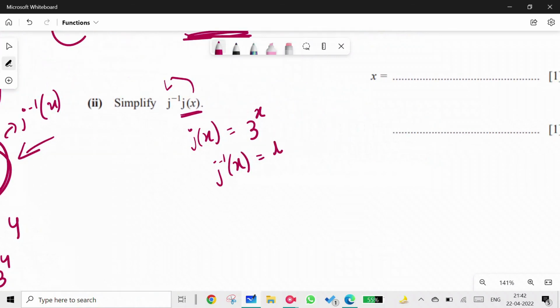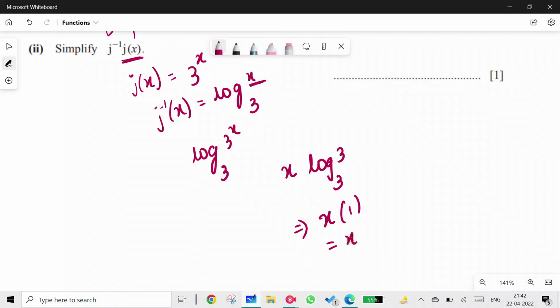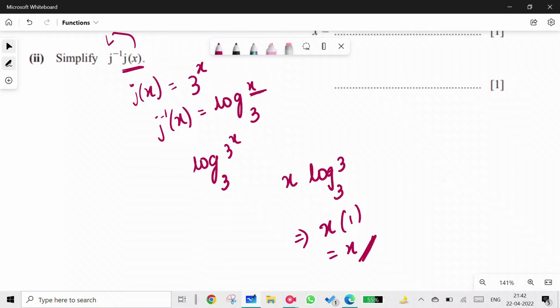So let's do that. Now all you have to do is take j of x, 3 power x, and substitute it in the place of x. So I'm going to write log 3 power x to the base 3, which is x log 3 to the base 3, which is basically x into 1, which is x. So that's the value of j inverse of j of x.